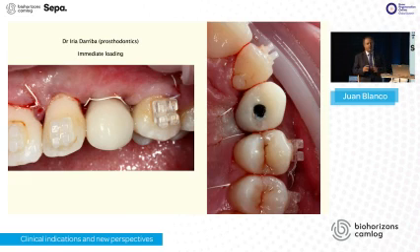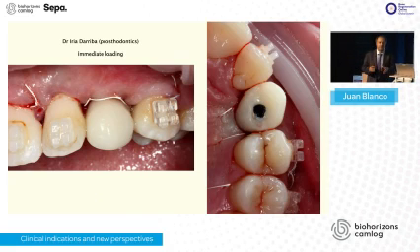And probably today, the more similarity in terms of proteins, in terms of different proteins and fibrins and so on, and fibrils, probably the novo matrix is the most similar for soft tissue management.